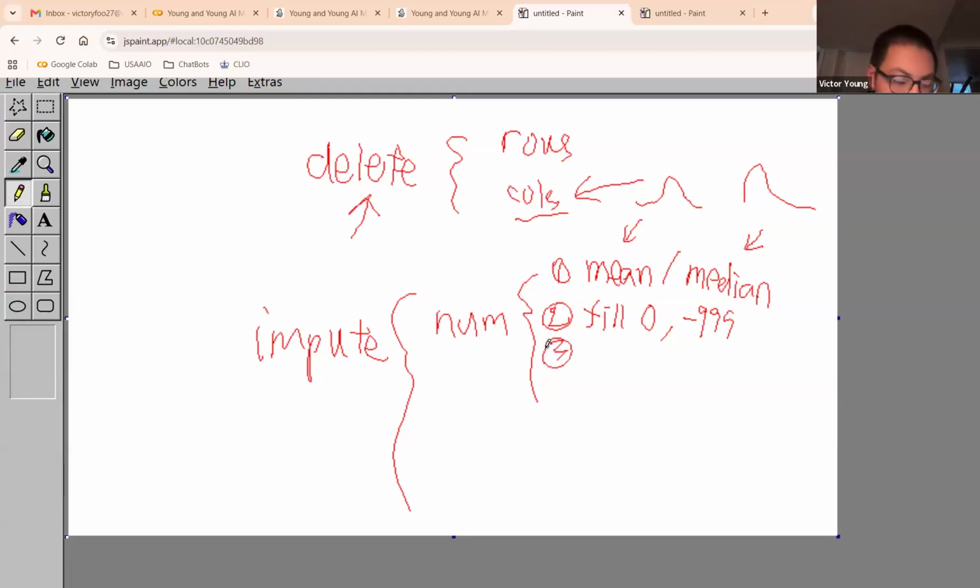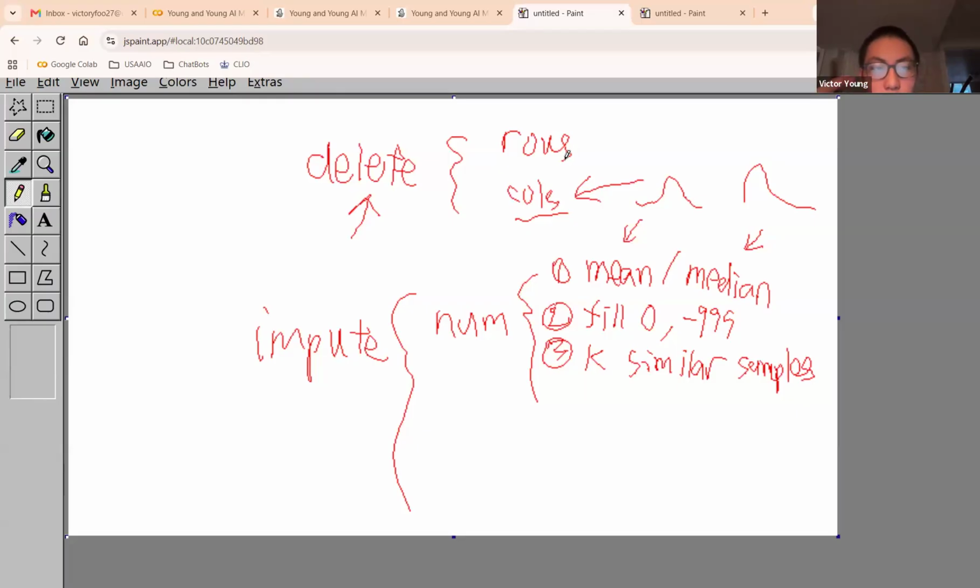The third method is find the k most similar rows based on other features, and then we just average their values. So that is also quite good. That is saying find the k most similar samples in the data set. They will not have, for example, this feature, let's say land area, be missing.